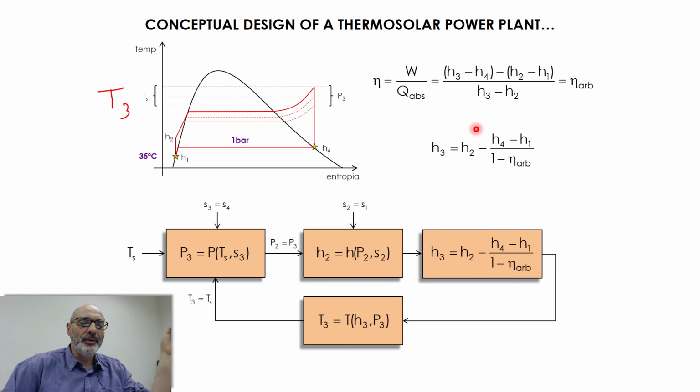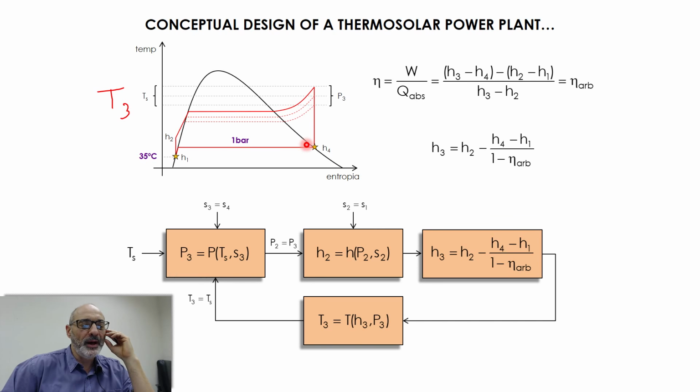So I have a nonlinear problem, because from this side I know the efficiency is 30%, and if I look at the thermodynamic cycle, I know that this is the surplus exergy, which is the exergy produced by the turbine minus the exergy absorbed by the pump.